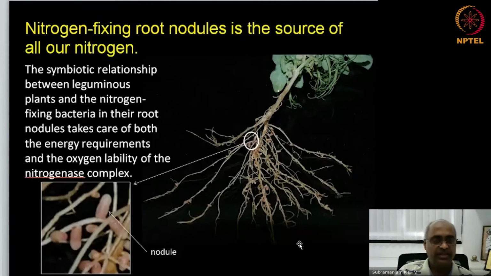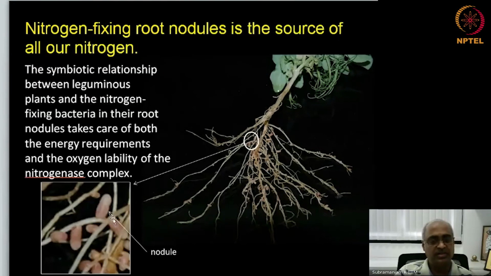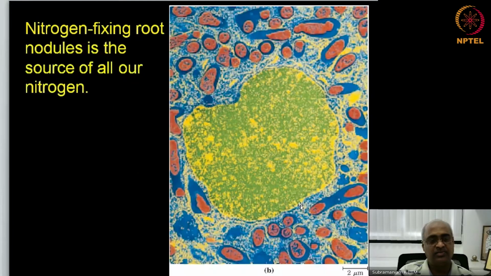So if you take a cross section of this and look at one single cell, so this is a single cell of the nodule structure. If you cut this and use a light microscope and look at a very close structure, like 2 micron is the scale bar here.